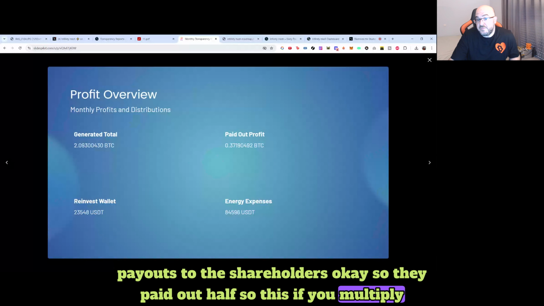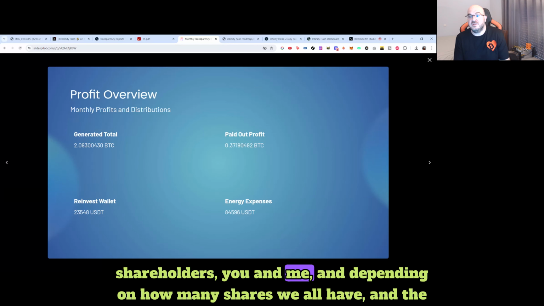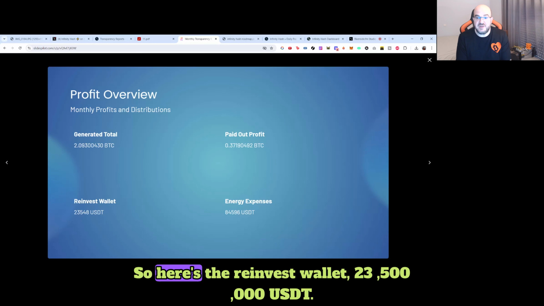So if you multiply this by 2, let's say 0.8, that's what the actual profit was, and 50% goes to the shareholders, you and me, depending on how many shares we all have, and the rest went to expenses and the reinvest and repairs.